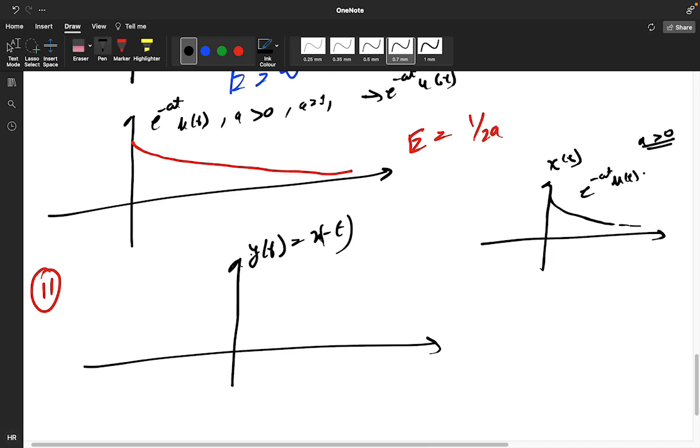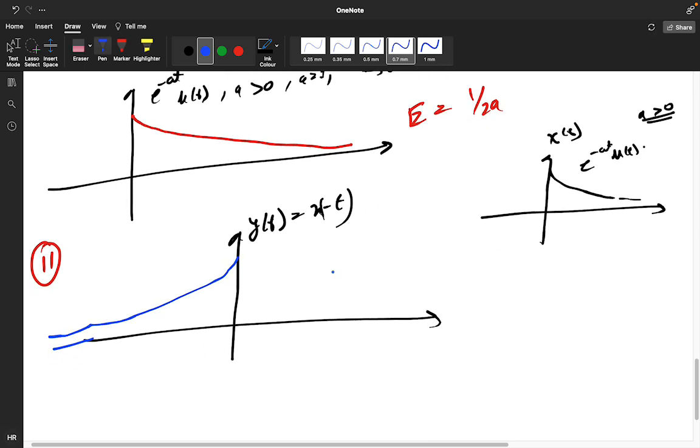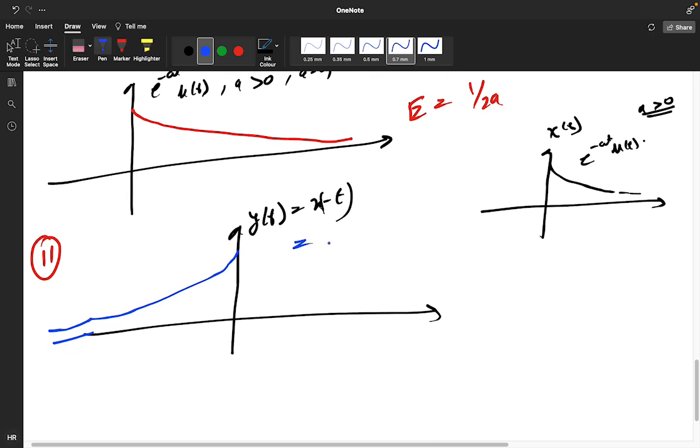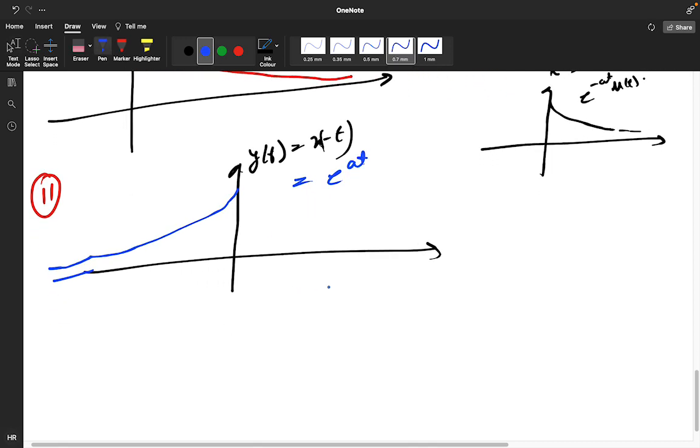So if I need to find the energy of this and I'm putting minus t, what will happen with this graph? It will get flipped about the y-axis. Time reversal is happening here. Now you have to find the energy. The equation will become e power at.